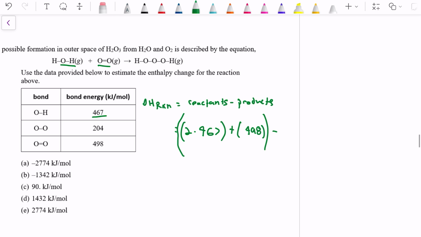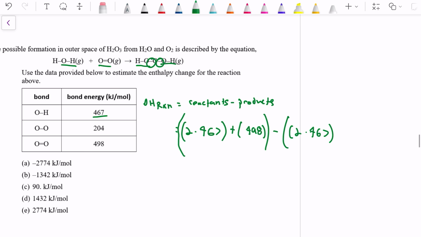Looks like I have 2 hydroxide bonds, these two, 2 times 467, and I have 2 oxygen-oxygen single bonds, plus, in a different color, 2 of these oxygen single bonds.